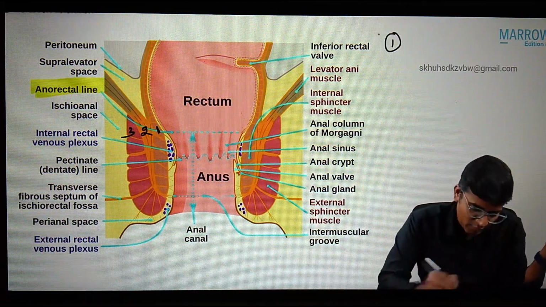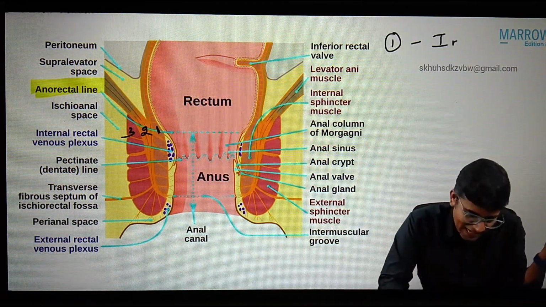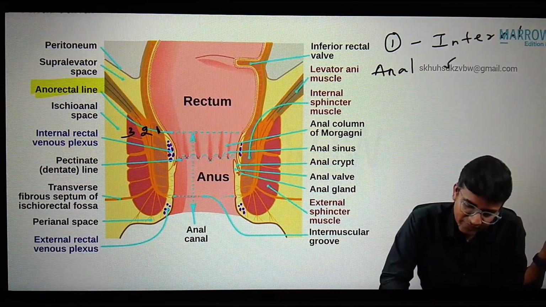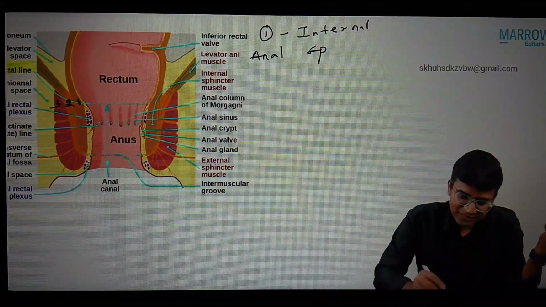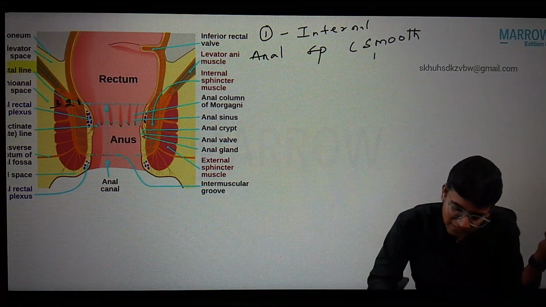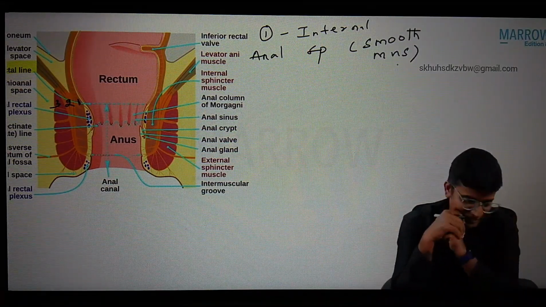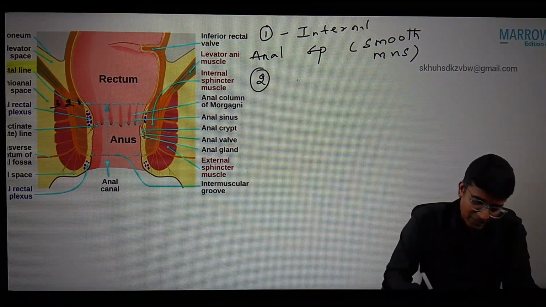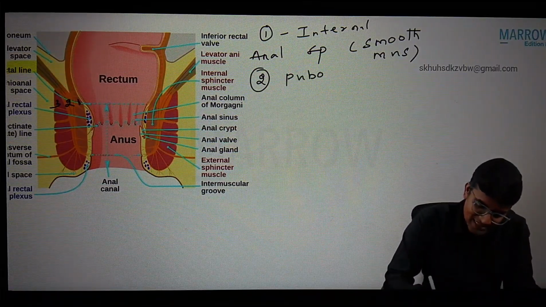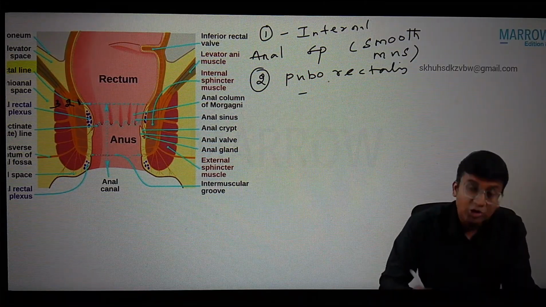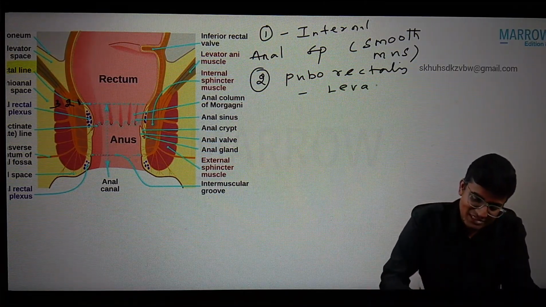What is number 1? Number 1 is the internal anal sphincter. The internal anal sphincter is a smooth muscle. It is a thickening of the circular muscles. Number 2 is the puborectalis, part of the pubococcygeus, levator ani muscle.